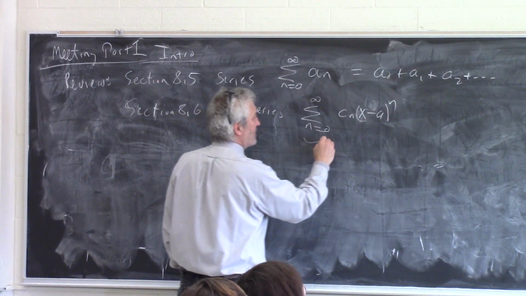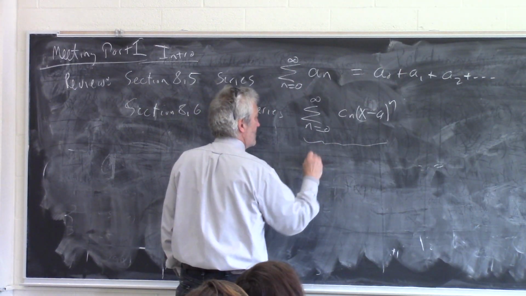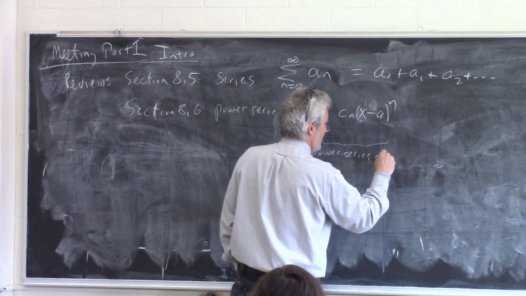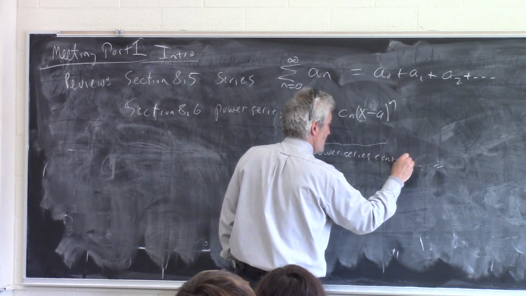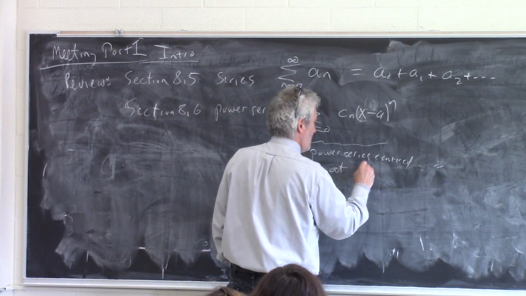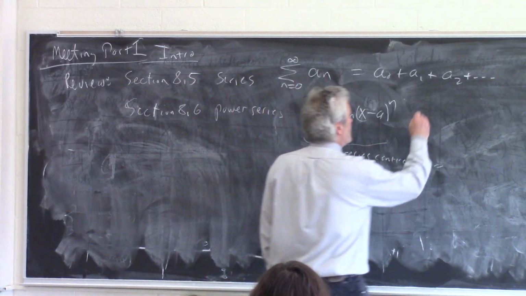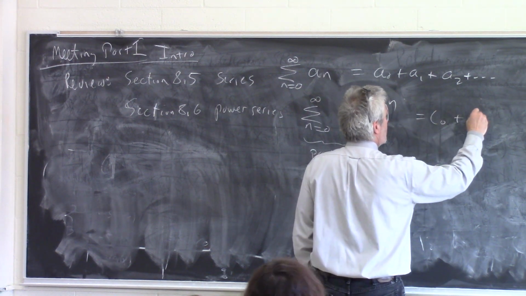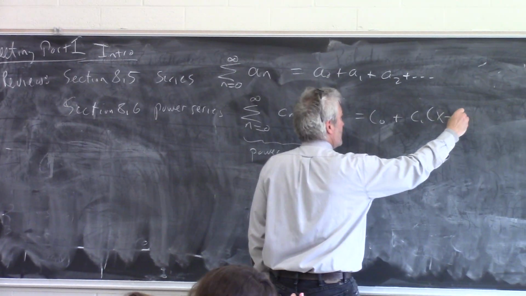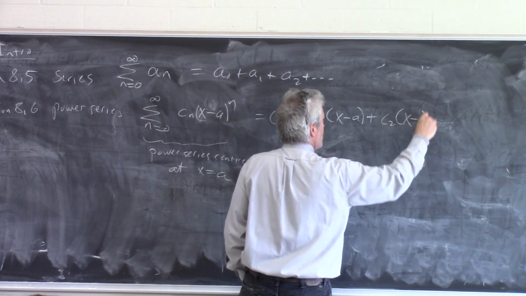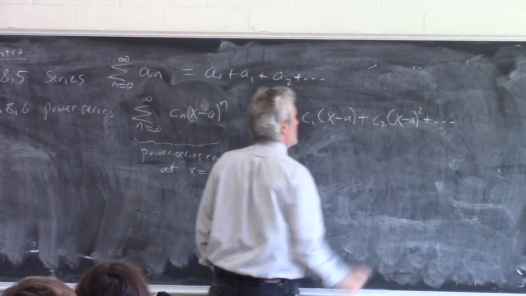So this is a power series centered at a. And so the way that looks is C0 plus C1 times x minus a plus C2 x minus a squared plus and so forth.